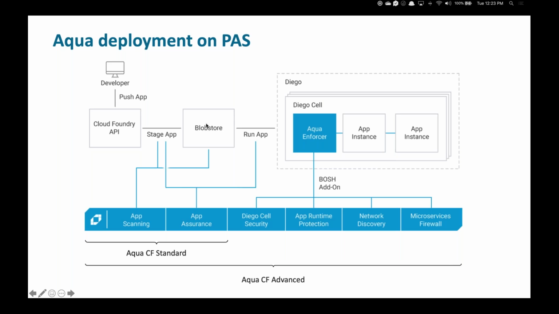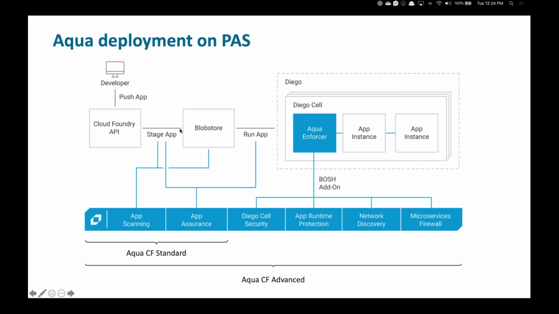Just because an application is compliant during the build phase or the application push phase doesn't mean it's going to stay compliant over time. So Aqua needs to provide the ability to continuously scan applications in the blob store or an image registry for compliancy. That's where you see this app scanning line that points into the blob store. On a daily basis, you can go out and scan already existing images for new vulnerabilities.